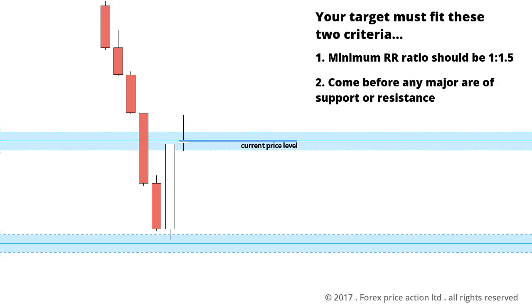In other words, it needs to be in front of any major barriers like a support resistance area. So the requirements for a good target are simple. It needs to be 1.5 times your stop loss at a minimum, and it needs to be before any major barriers. In this example, the target goes here. As you see, it comes before the support area, which acts as a barrier. Looks to be around 2 times the stop, just visually, which is over the 1.5 times minimum.